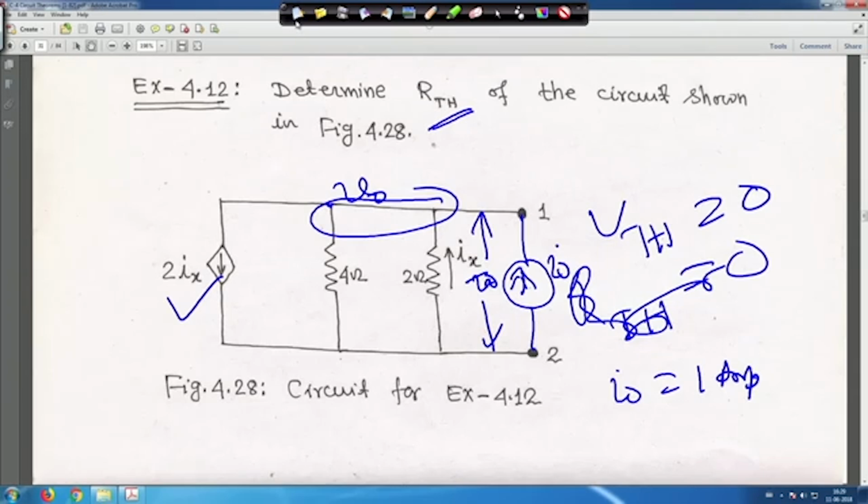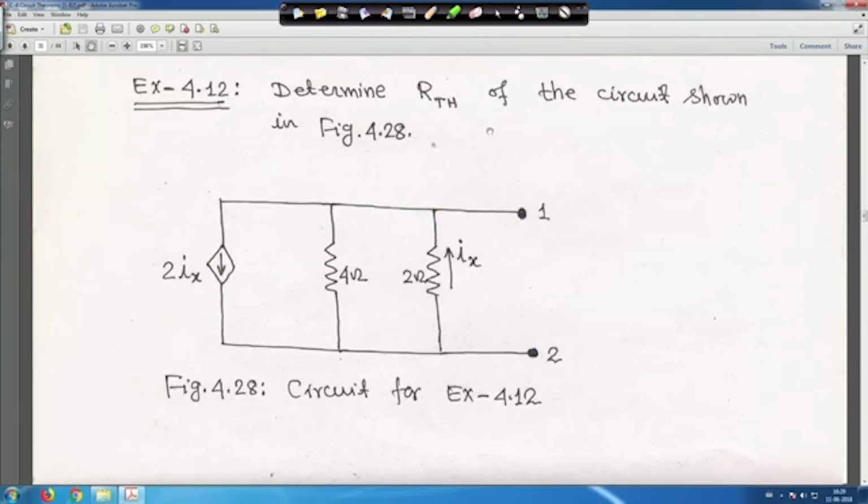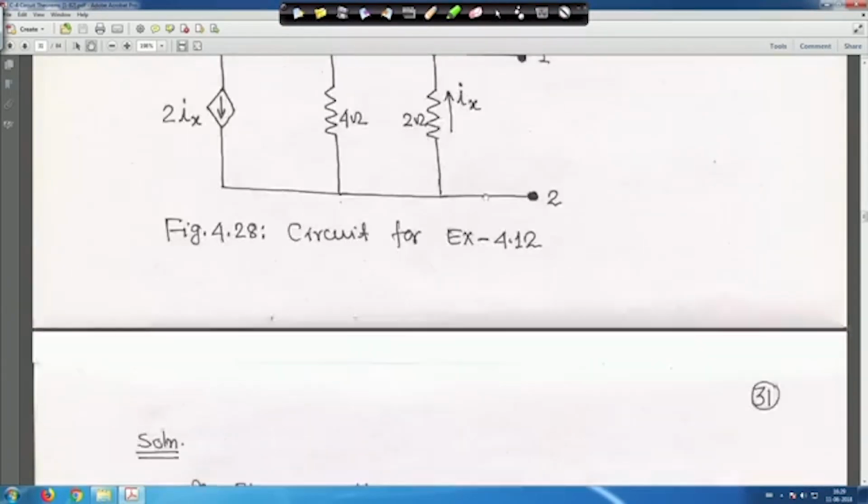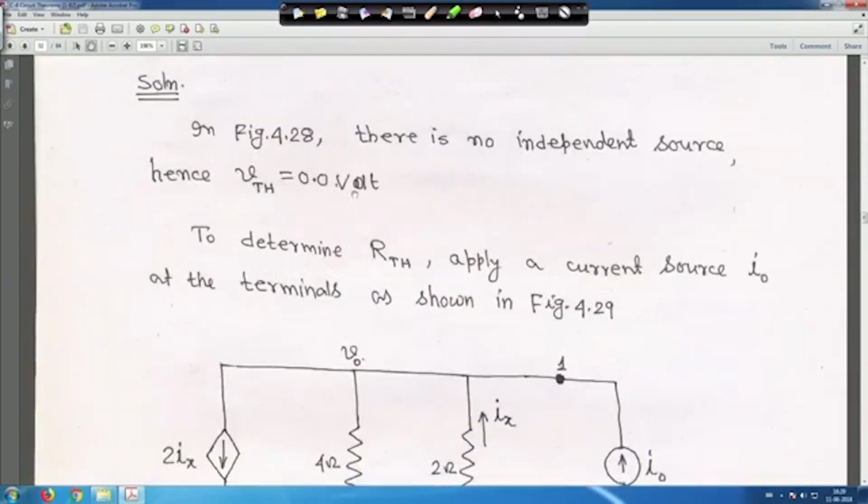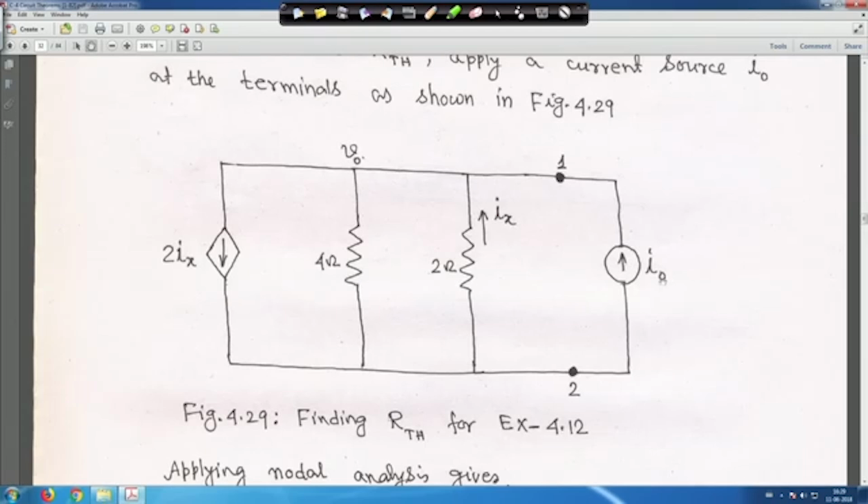To do this, let us go to the equivalent circuit. V Thevenin is 0, and here we have put a current source I0, say I0 is equal to 1 ampere, and this V0 is something like a nodal analysis.